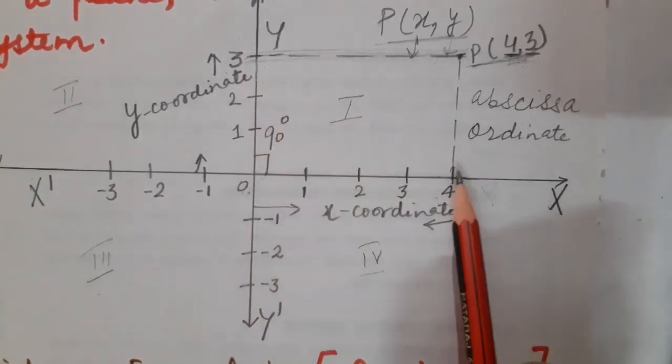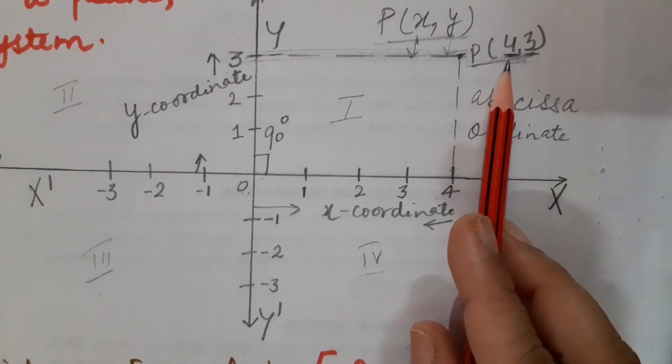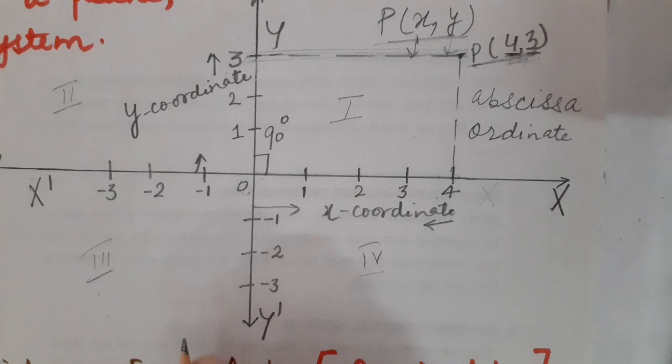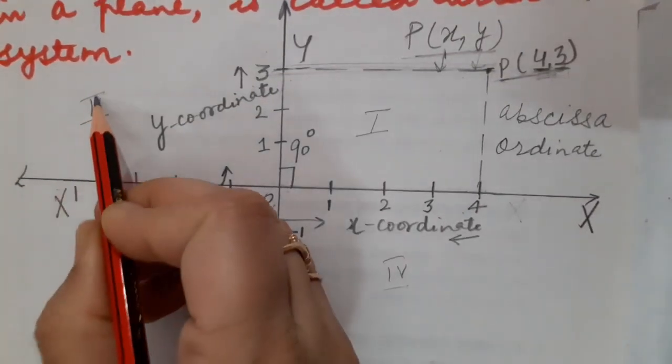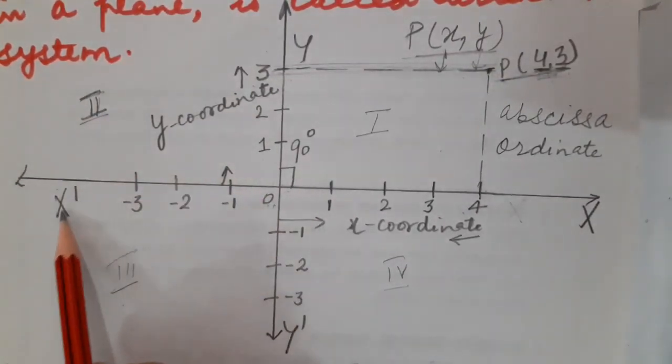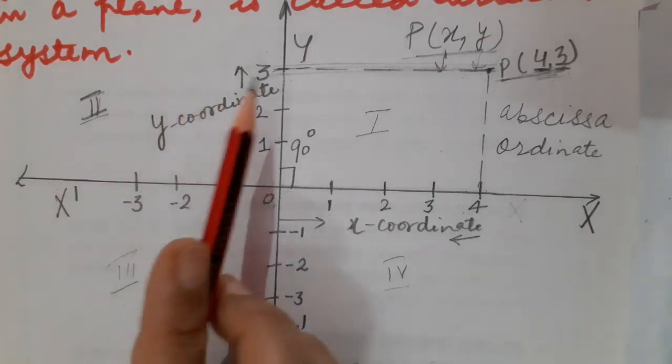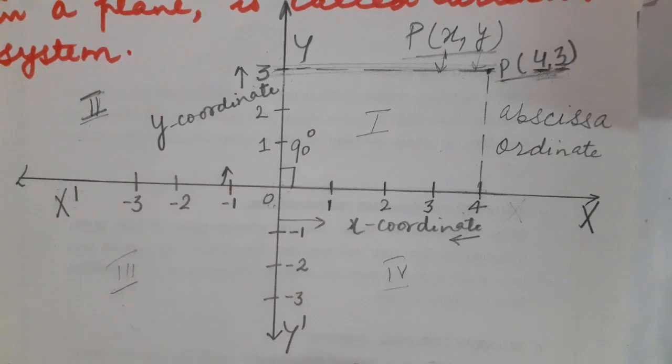So here the x coordinate, that is abscissa, as well as the y coordinate, that is ordinate, will always be positive. Let us talk about quadrant number 2. In the second quadrant, children, through this x dash you have come to know that abscissa will be negative but ordinate will be positive. Fine, students?